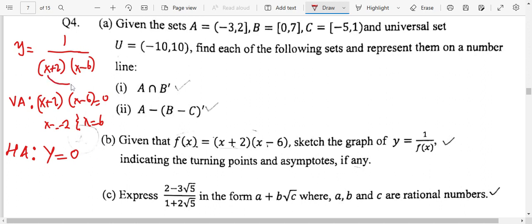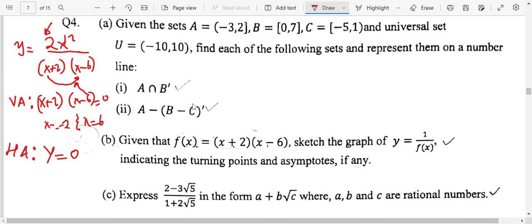Because if I multiply down x times x, I'll get x squared. So it means on top, if I add something like 2x squared, the horizontal asymptote, I'll just get the number in front of the highest power divided by the number in front of the highest power down. That would be the horizontal asymptote.